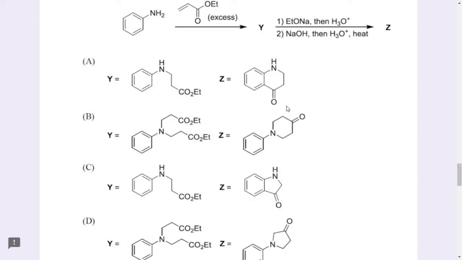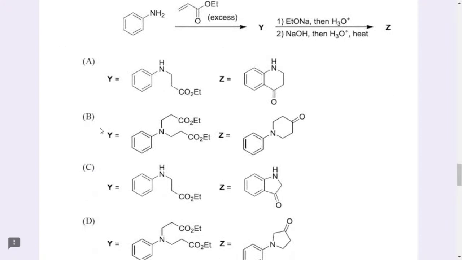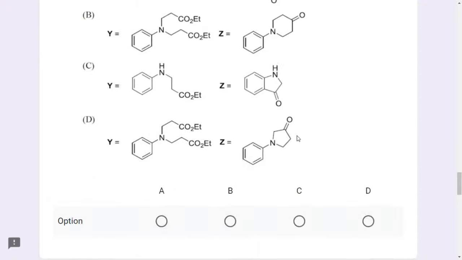It loses ethanol. Yes, so this carbonyl compound and this ester will be hydrolyzed in the presence of base, followed by the acid, and then heating. Upon heating, it is going to lose carbon dioxide to give the cyclized ketone. Yes students, so option B, Y equal to this diester and this is cyclized. Option B is the correct option, students.